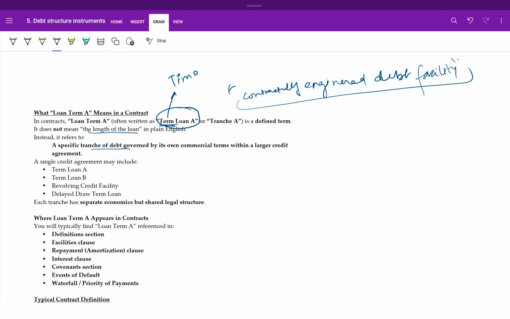A single credit agreement may include multiple facilities such as loan term A, loan term B, a revolving credit facility, and a delayed draw term loan. Each of these tranches shares a common legal framework but has separate economic and risk profiles, and repayment rules are also different for each.